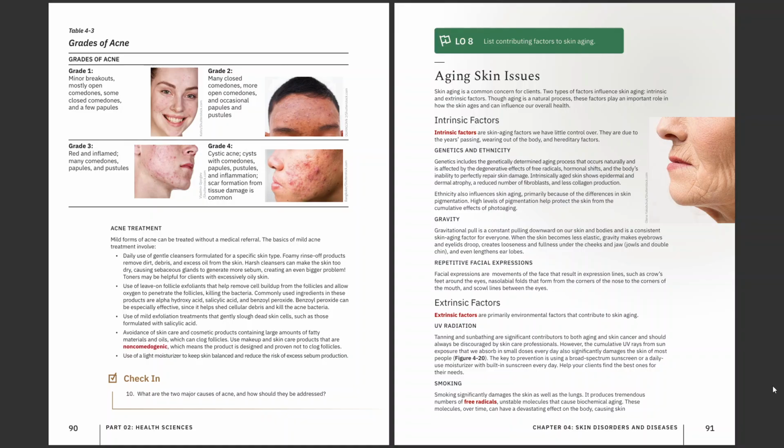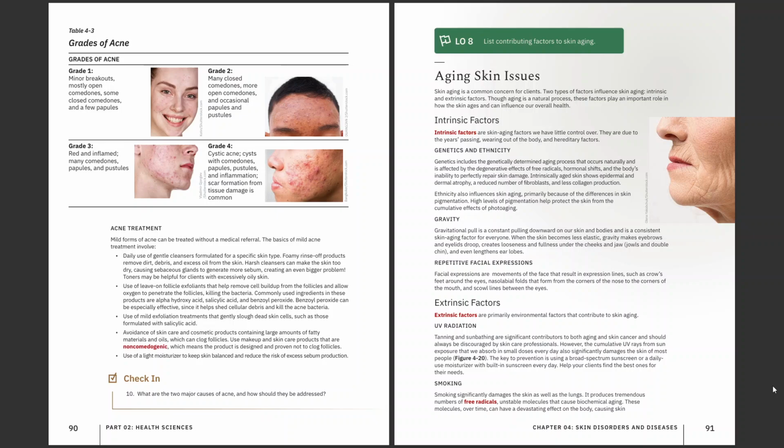Grade 3, red and inflamed, mini-comedones, papules, and pustules. Grade 4. Cystic acne. Cysts with comedones, papules, pustules, and inflammation. Scar formation from tissue damage is common.